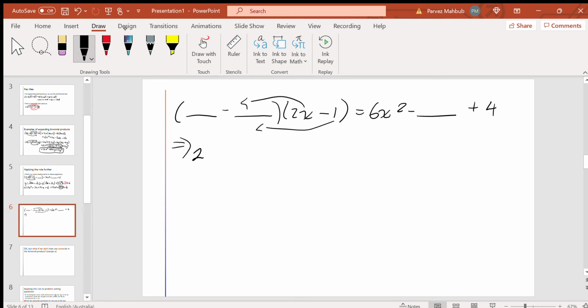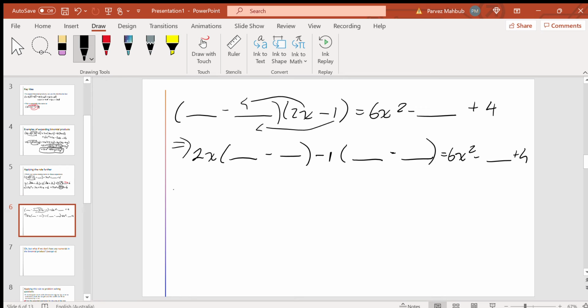So 2x times something minus something plus, let's just do a minus 1 to make this simple, minus 1 times something minus something is equal to 6x squared minus something plus 4.